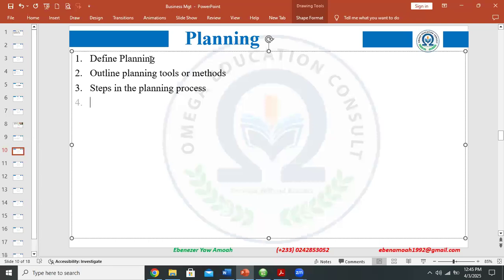And after that, we can look at some of the benefits of planning and the challenges of planning.